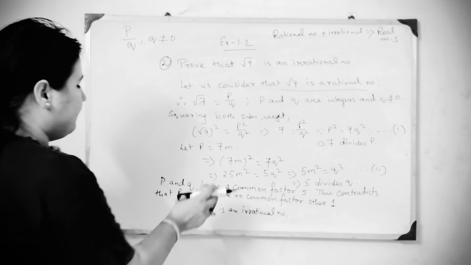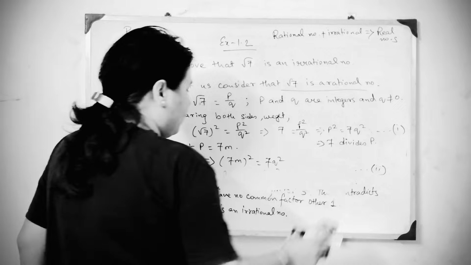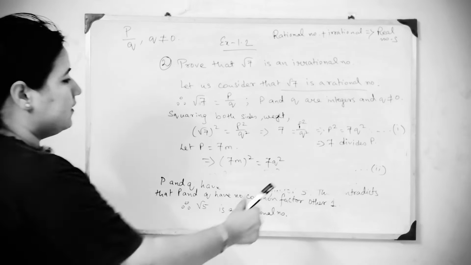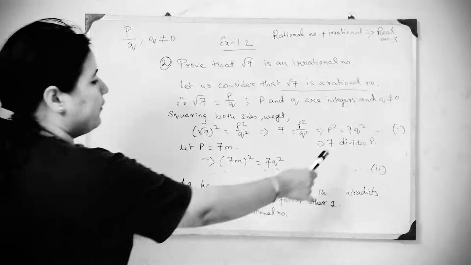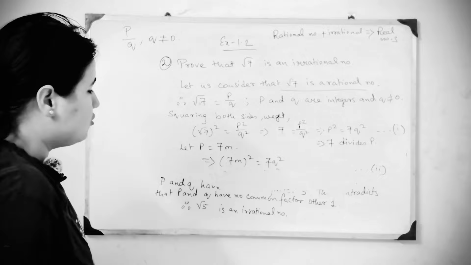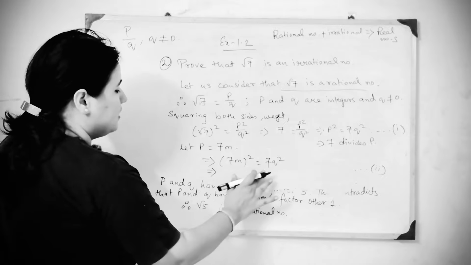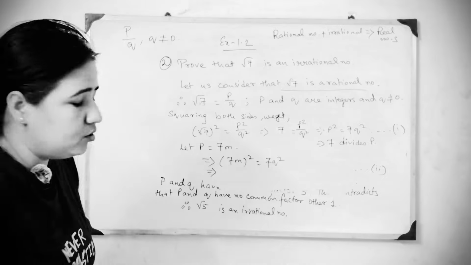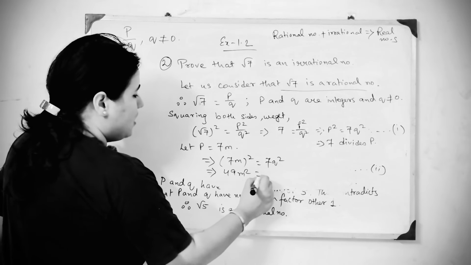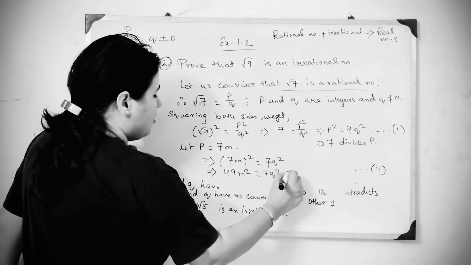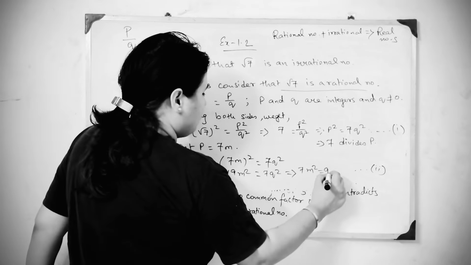For convenience, I'll edit this part and show you what we are getting. From here, please see, p we are taking as 7m, and here we already have 7q square. Now putting the value, 7m square means I can write 49m square, and here 7q square, or I can write 7m square equals q square.